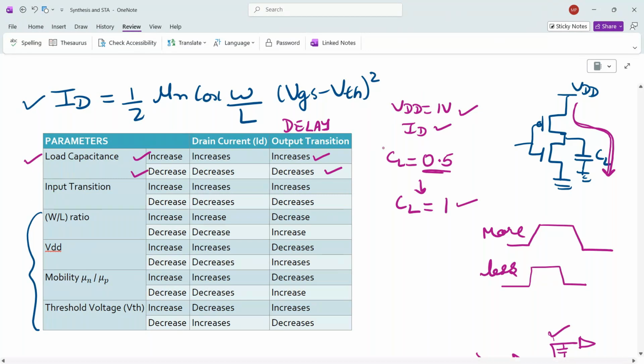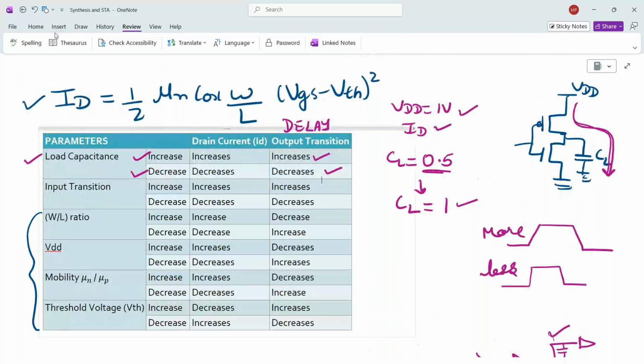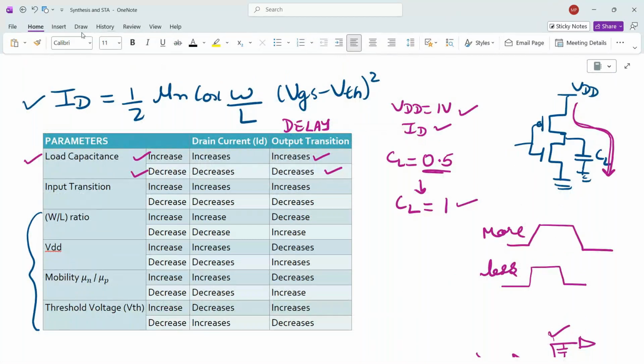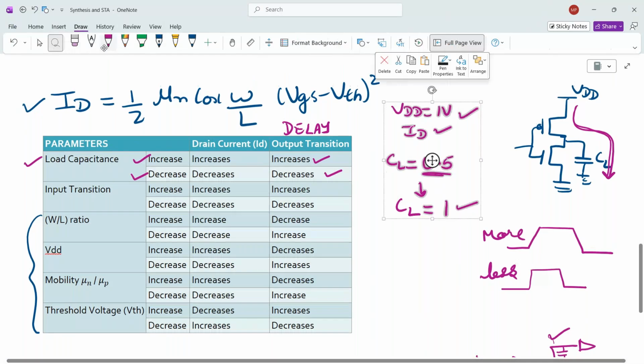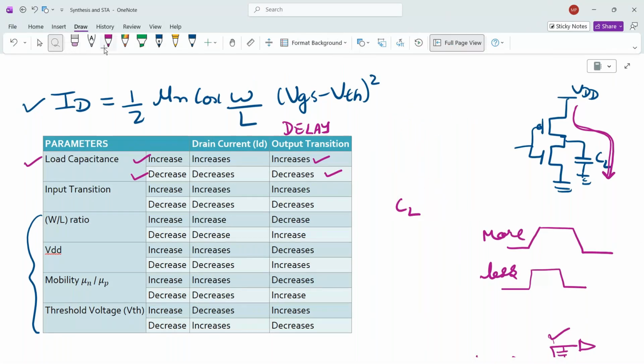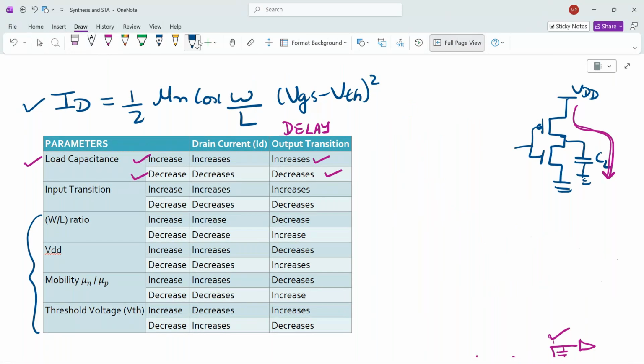Input transition. Now, let's talk about input. If there is a cell, some cell, an AND gate or OR gate, any cell, there is input transition and output load.